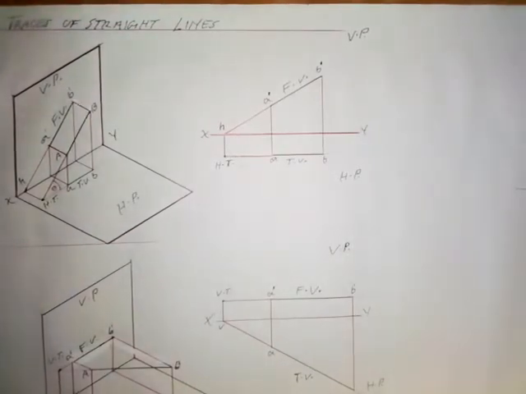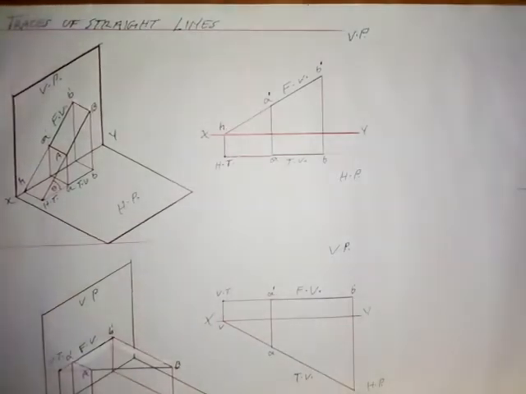When we talk about horizontal trace, when a straight line is inclined to the horizontal plane, the point of intersection of the line to the horizontal plane is called horizontal trace. I said when a line is inclined to the horizontal plane, then the point of intersection of the line to the horizontal plane is called horizontal trace.